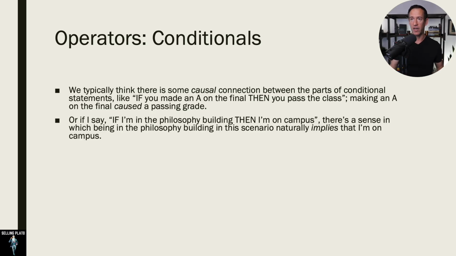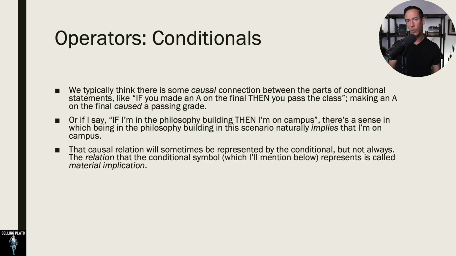Or for example, if I say, if I'm in the philosophy building, then I'm on campus. There's a sense in which being in the philosophy building in this hypothetical scenario naturally implies that I'm on campus, if the philosophy building is on campus. In that scenario, there's some sort of causal connection that we sort of assume.